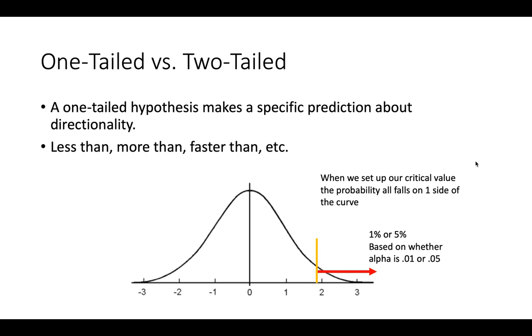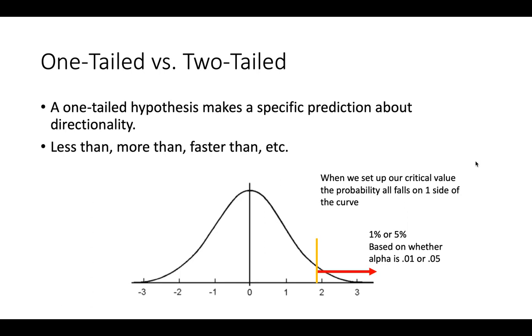So if you remember from last time, a one-tailed hypothesis is a hypothesis that makes a specific prediction about directionality. We determine whether a hypothesis contains directionality by the language in the research question, specifically the language in the hypothesis.